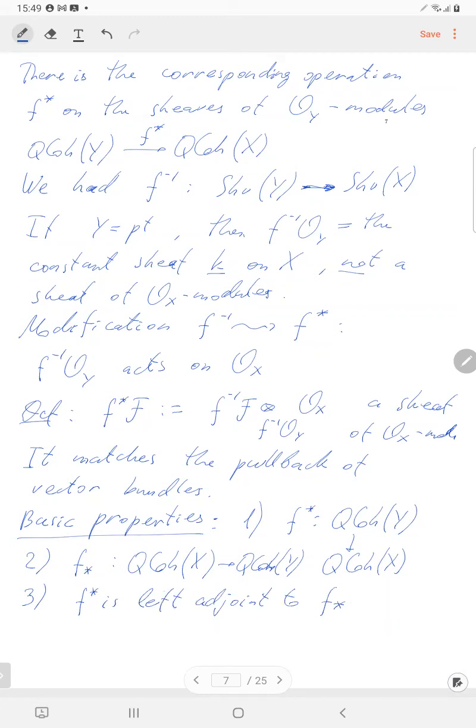So F lower star is right adjoint to F upper star. And then on general grounds, F lower star is left exact, and F upper star is right exact.